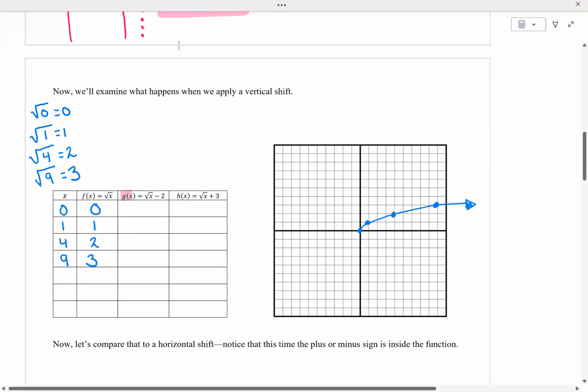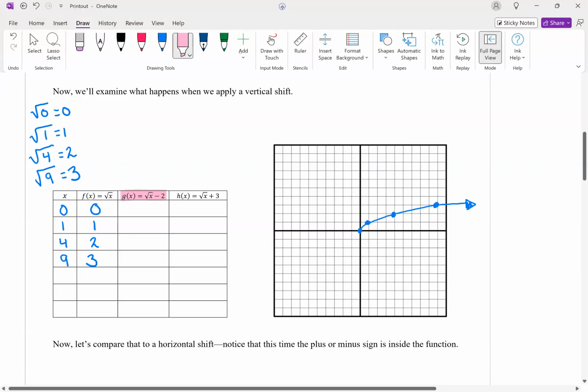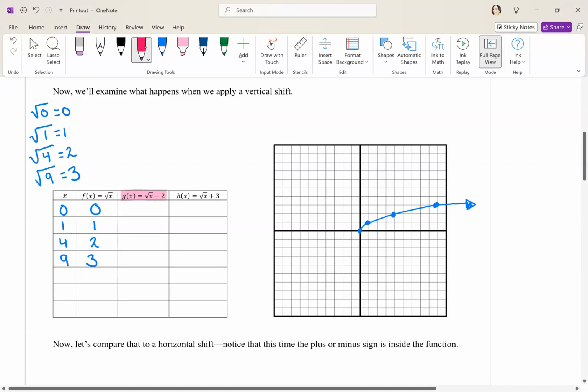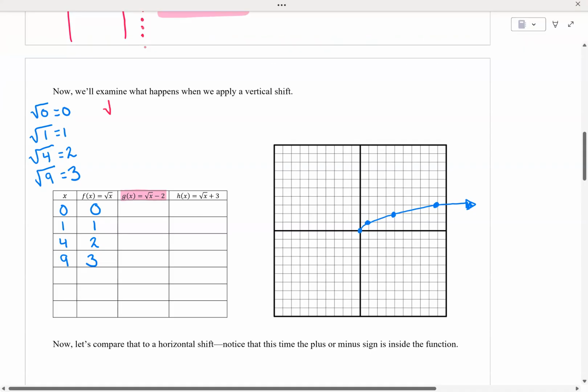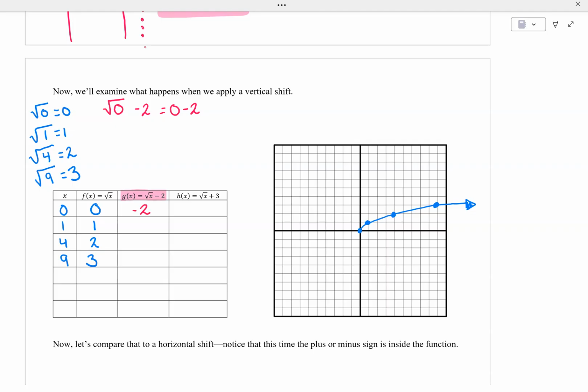Okay, so this next part, notice where that 2 is located. I'm still going to plug in the originals because notice it's the square root of whatever x is, then we're subtracting 2. So the square root of 0 is 0. 0 minus 2 gives us a negative 2.